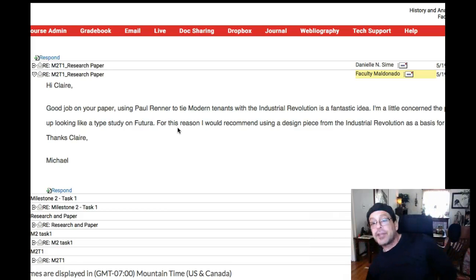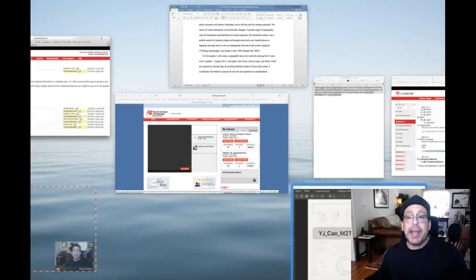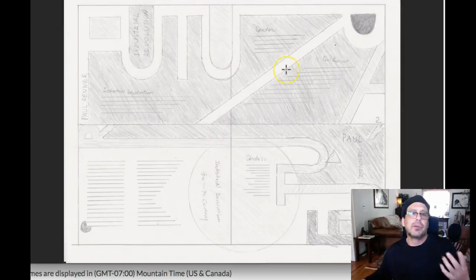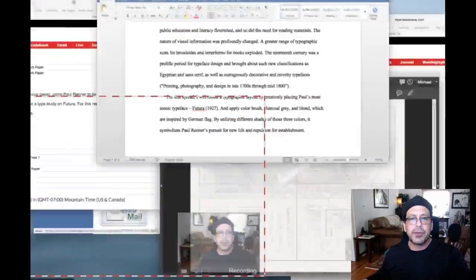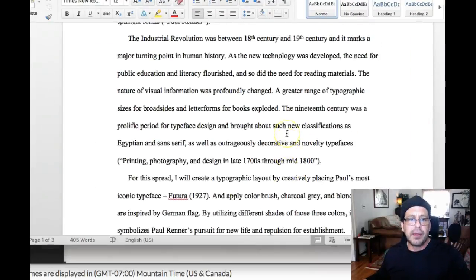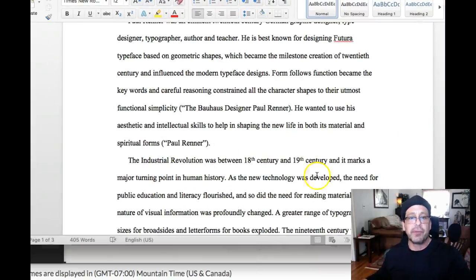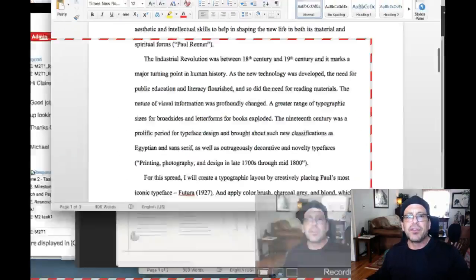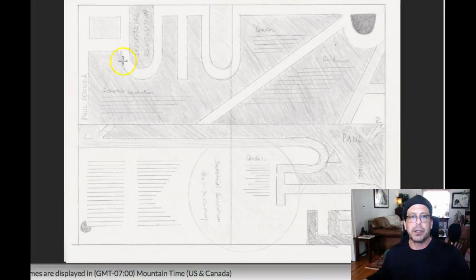And as I get to your sketches, that is actually exactly what happened. These look like posters for Futura. So in other words, you say in your writing that this is the Industrial Revolution. You talk about the Industrial Revolution, okay, but I don't see the Industrial Revolution anywhere here.